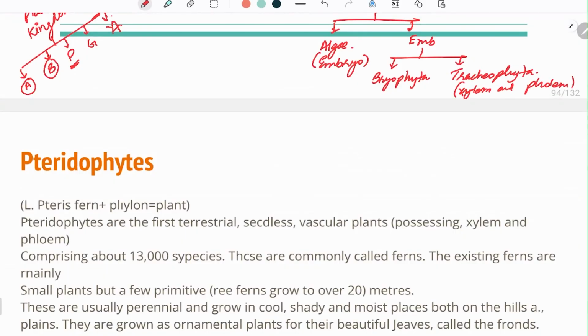Now, when the evolution of xylem and phloem took place, it was observed that the height of the plant kept on increasing. The xylem and phloem not only help in conduction, but also help in the mechanical support of the plant to stand erect.